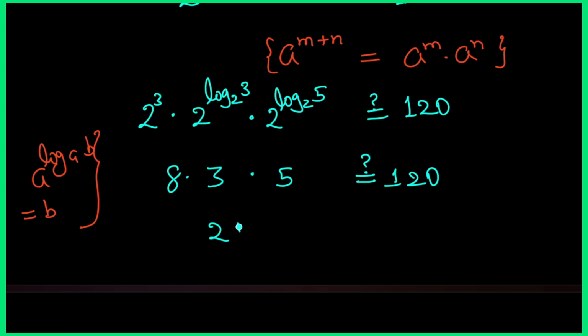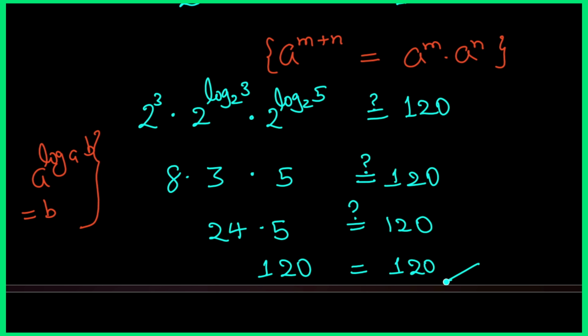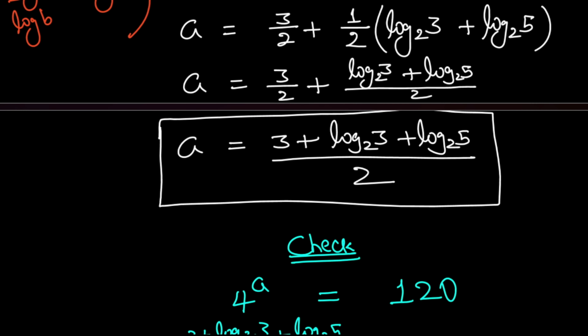Now 24 times 5, is it equal to 120? 120 equals 120. Hence our value of a is equal to (3 plus log 3 to base 2 plus log 5 to base 2) over 2.